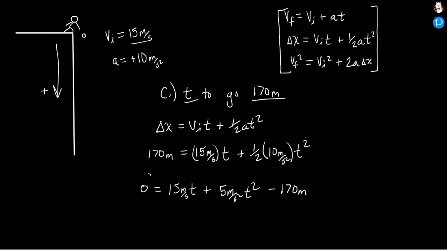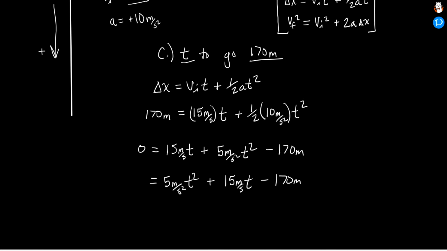And when we get in this form, actually I'm going to switch these two terms around, and maybe you might start to see what we're getting at here. So 5 meters per second squared times t squared plus 15 meters per second times t minus 170. And maybe once we get it in this form, you might be able to recognize what we're getting at.